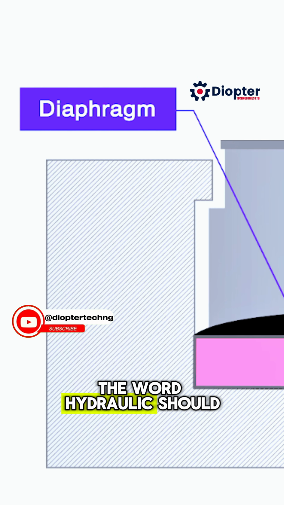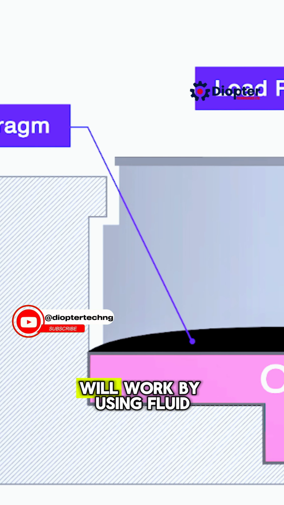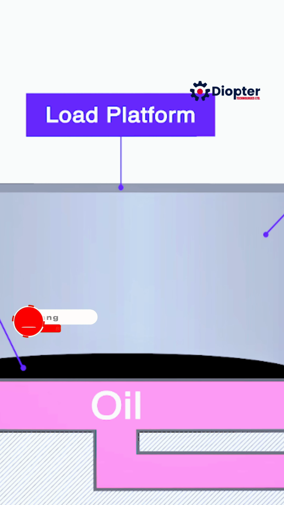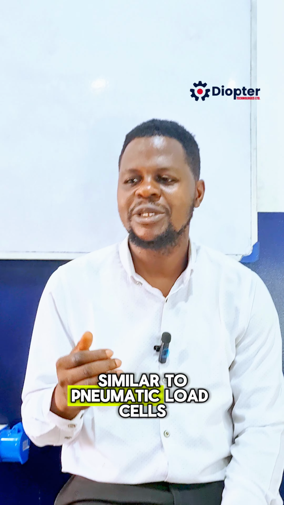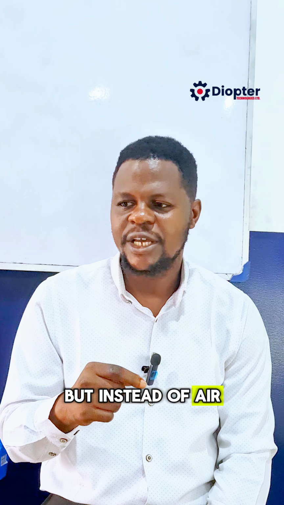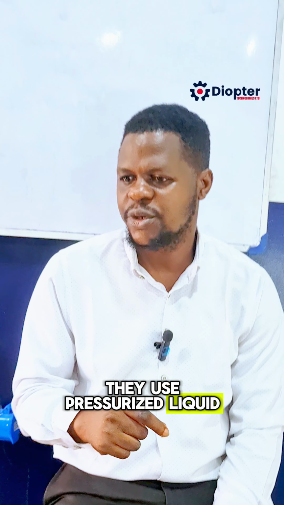The word hydraulic should let us know that this load cell will work by using fluid, whether water or oil. These load cells are similar to pneumatic load cells, but instead of air, they use pressurized liquid.